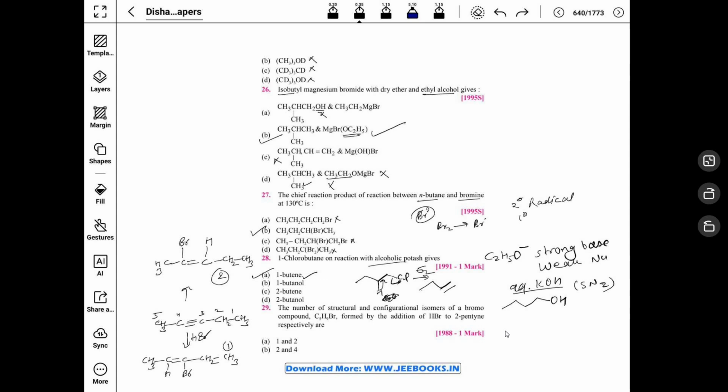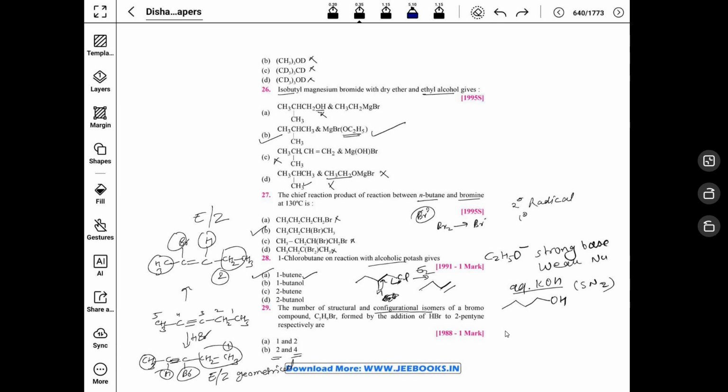Now if you see around this double bond, these substituents and these substituents are different, so they will show E and Z geometrical isomerism, and similarly here it will show E and Z geometrical isomerism. Therefore there are four geometrical isomers and two structural isomers.